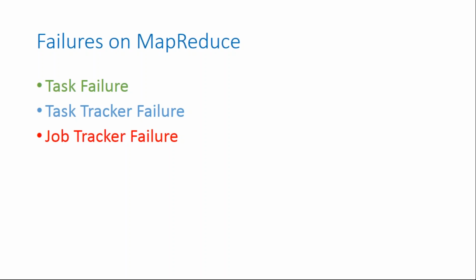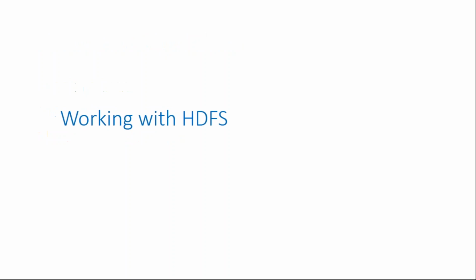But what if the job tracker fails? Someone from the administration team will have to work and fix it. Otherwise, we can't run any MapReduce jobs on the cluster. So these are 3 types of failures that could happen on MapReduce.